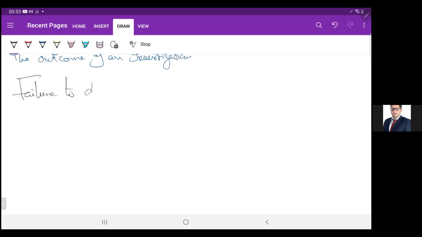Failure to disclose knowledge or suspicion of money laundering may include failure to disclose money laundering. ML stands for money laundering over here.